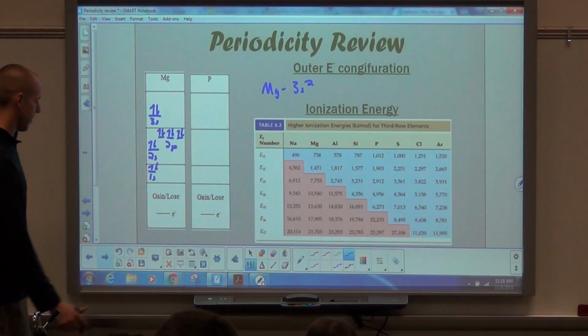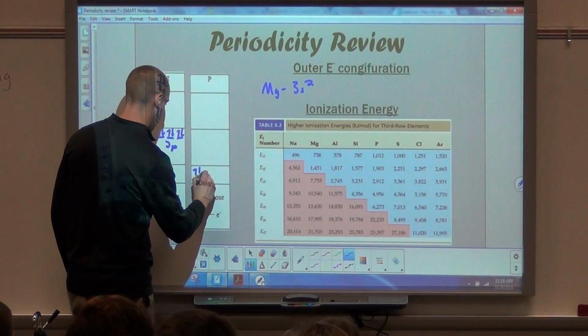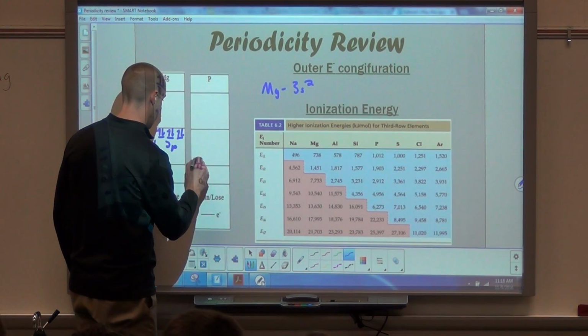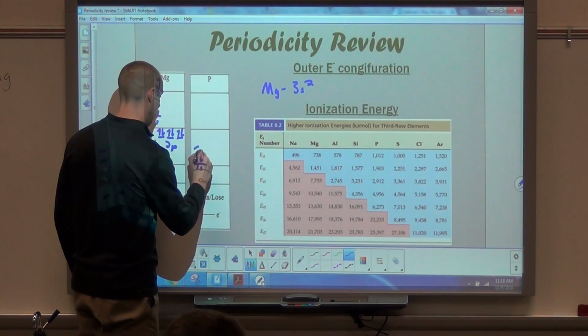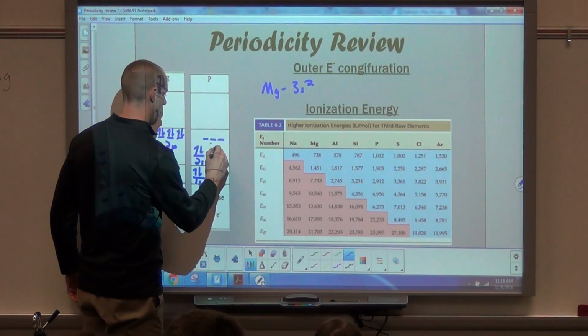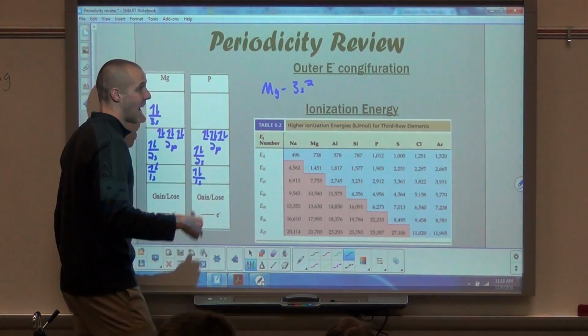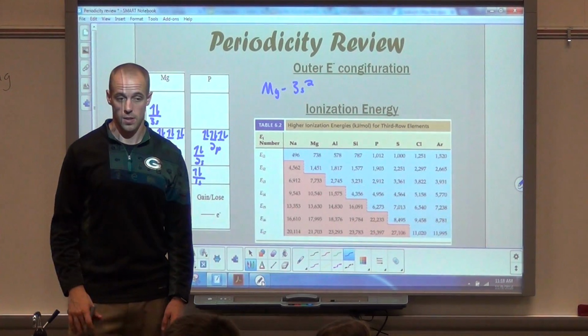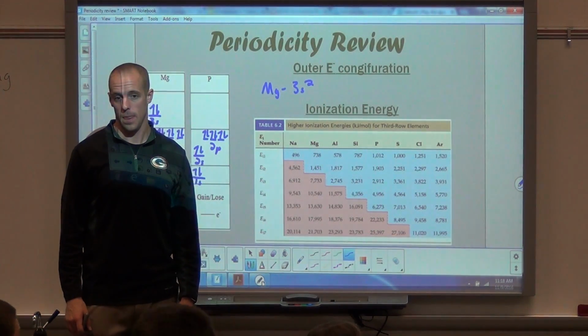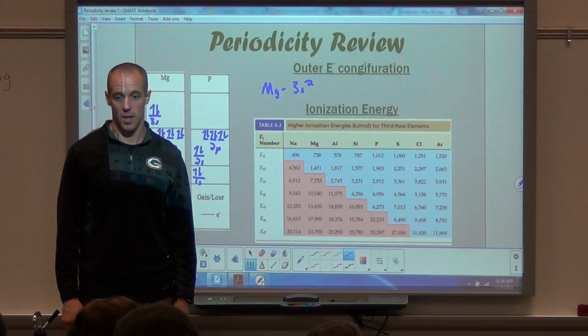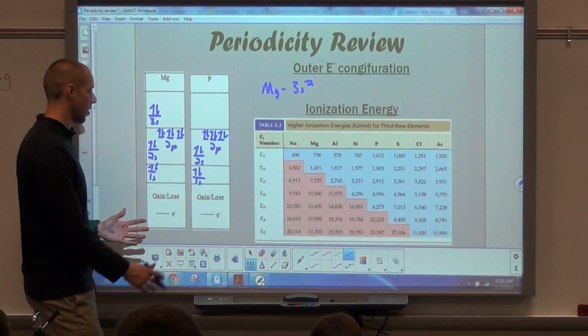Okay, phosphorus, same thing here. It has a 1s with 2 in it. It has a 2s with 2 electrons, and it has a 2p with 6 electrons. Now, phosphorus has how many valence electrons? 5. It has 5 valence electrons. Very good. So we have to fill those in.